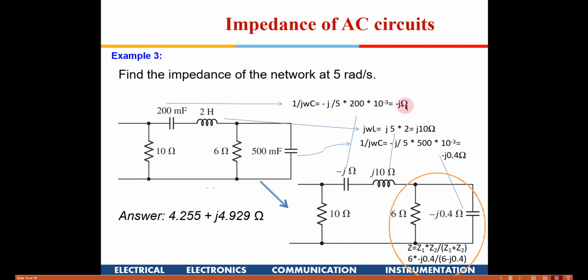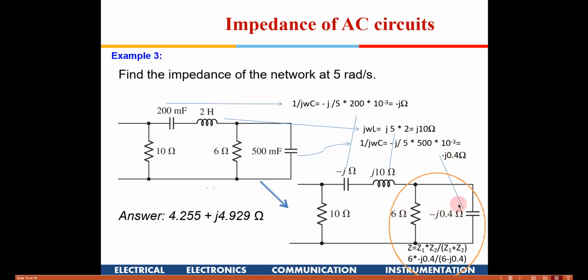So, we find the equivalent impedance, which comes to minus j. Similarly, for the inductor, j omega L becomes j10, and then the 50 millifarad becomes a minus 0.4 j.